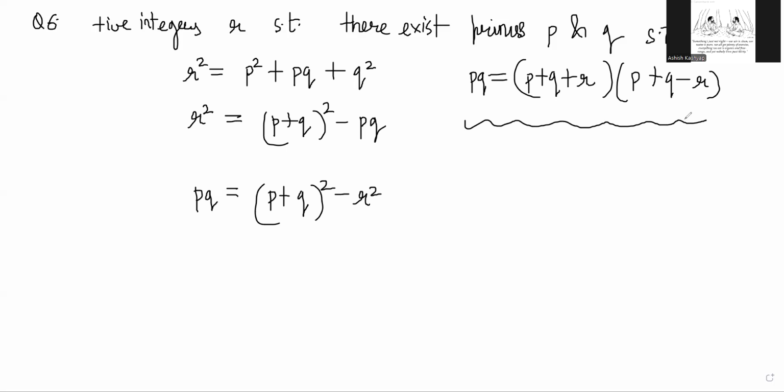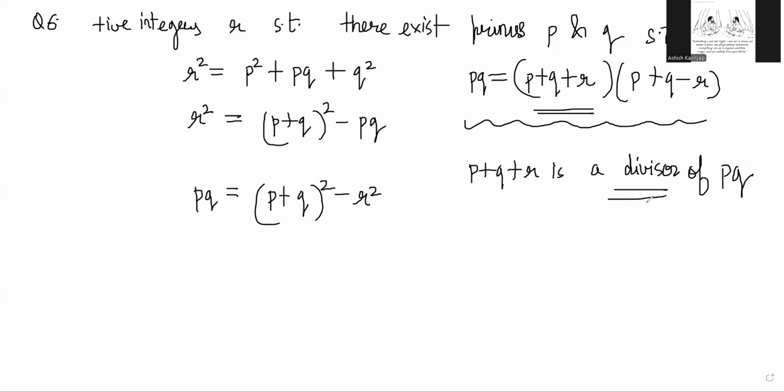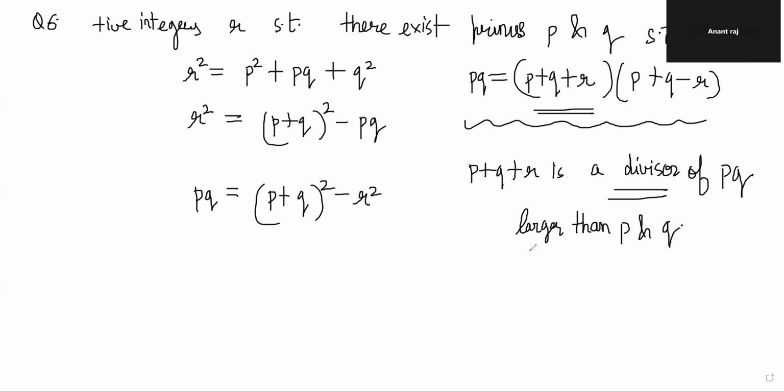So what this tells us is that p plus q plus r is a divisor of pq, right? And this divisor is larger than P and Q, right?